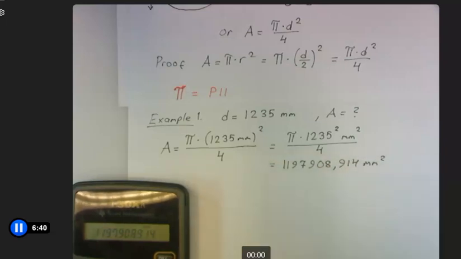This is the value of the area in the unit of square millimeters. How do you change that to the unit of square centimeters?